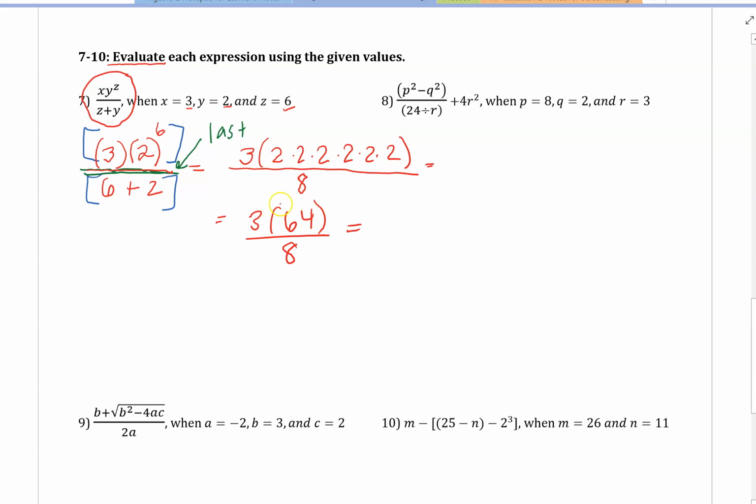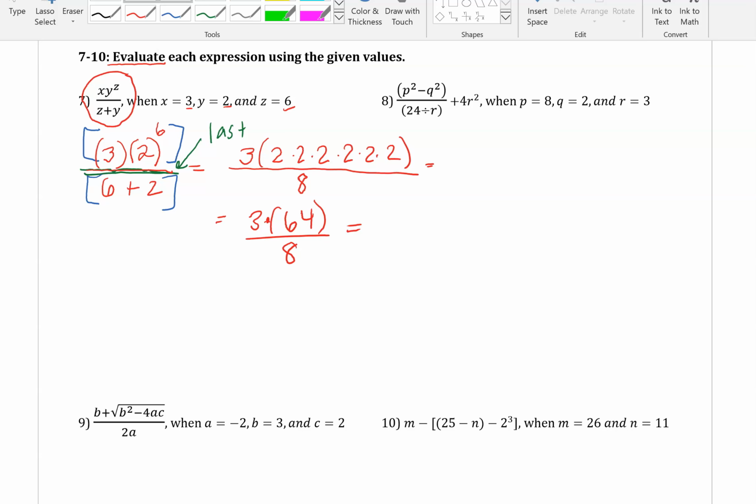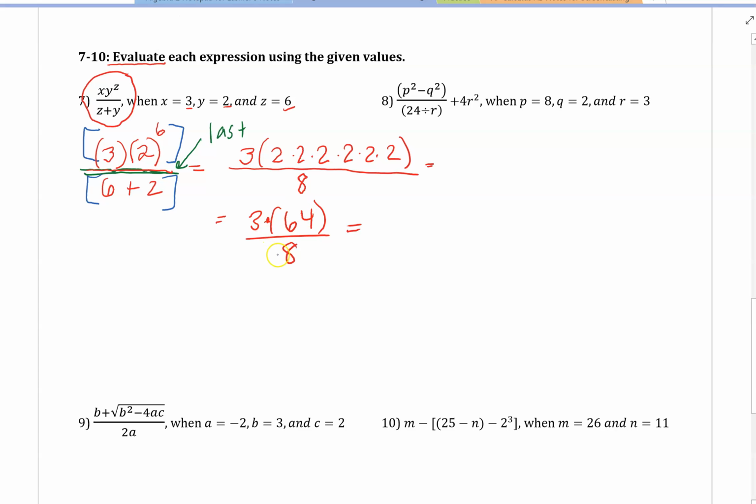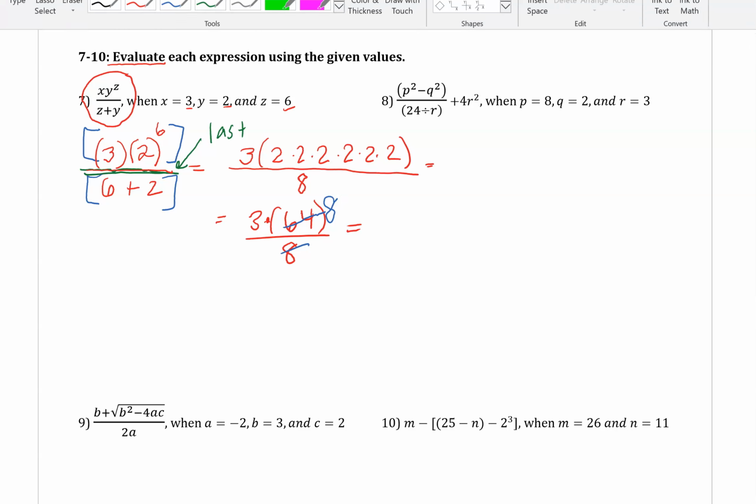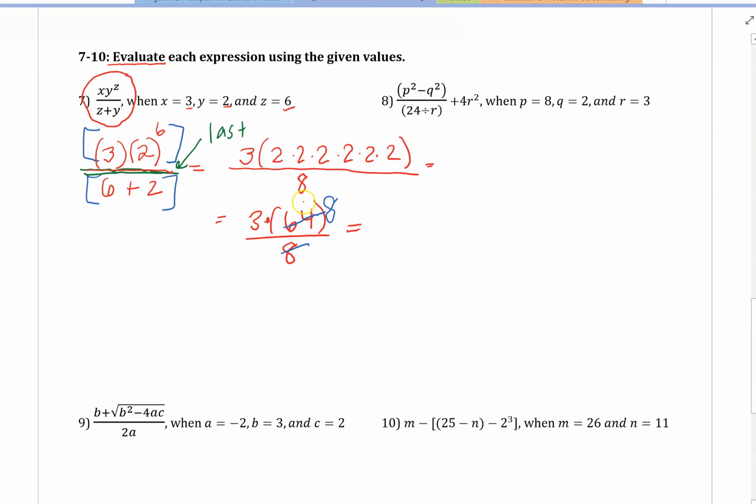Okay, now here, notice we have multiplication and division, which could kind of happen simultaneously in a sense because they belong to the same group in PEMDAS, right? So I can actually divide the 64 and the 8 right now if I want to. 8 can go into 64 8 times because they are of the same type of operation, right?